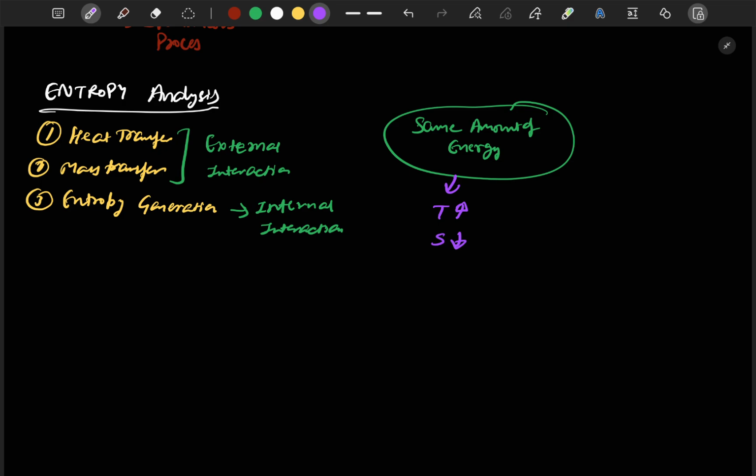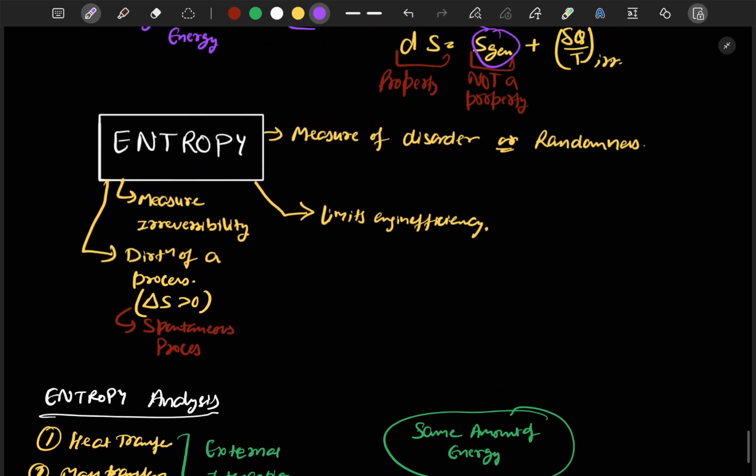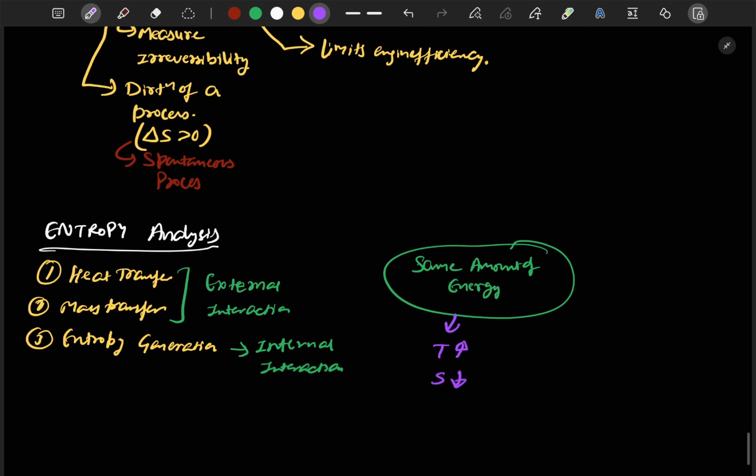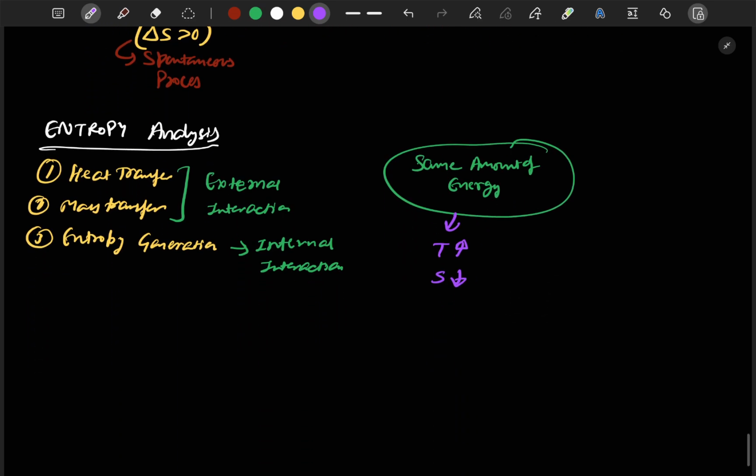Heat can be available in the same amount at two temperatures, one low and one high, but the high temperature stored heat will have a higher grade of energy. If the temperature is high, the randomness or disorder in the molecules will be less, so the entropy will be less. At lower temperature the randomness will be very high, so the entropy value will be very large.